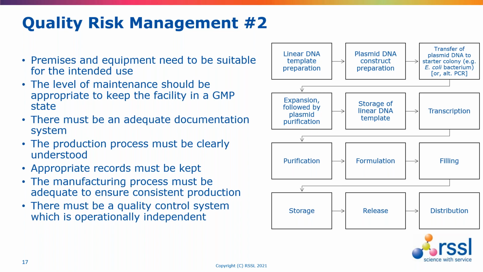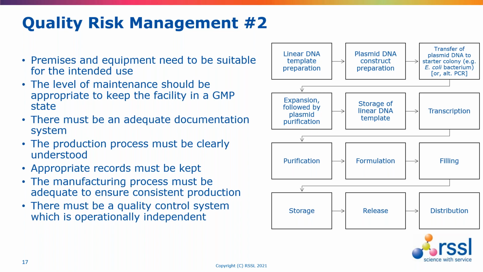And also validated to ensure consistent production and to make sure that the quality control system and the staff engaged with quality control are operationally independent from production, so they can ensure that standards are enforced and to address deviations, change controls and CAPAs and so on under a separate system so there's no risk of interference.